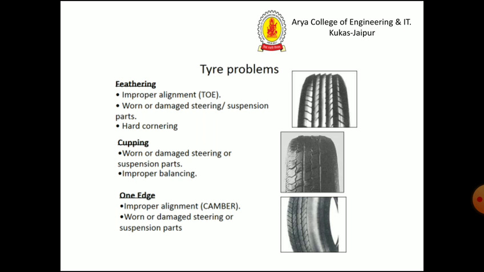Cupping happens due to worn and damaged steering or suspension parts and improper balancing. One edge wear is due to improper alignment, basically the camber, and worn or damaged steering or suspension parts.